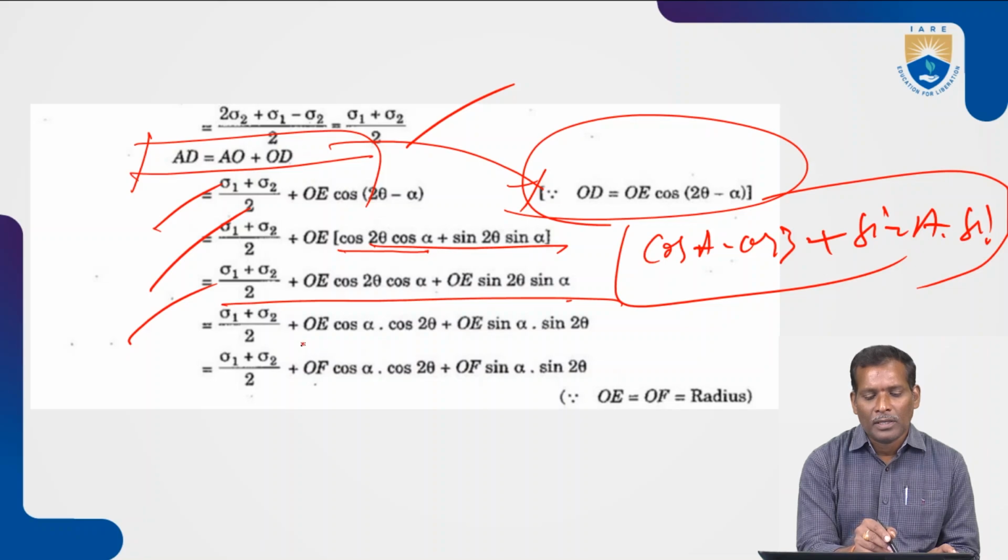Now take the alpha terms and the 2 theta terms: OE cos alpha into cos 2 theta plus OE sin alpha into sin 2 theta.